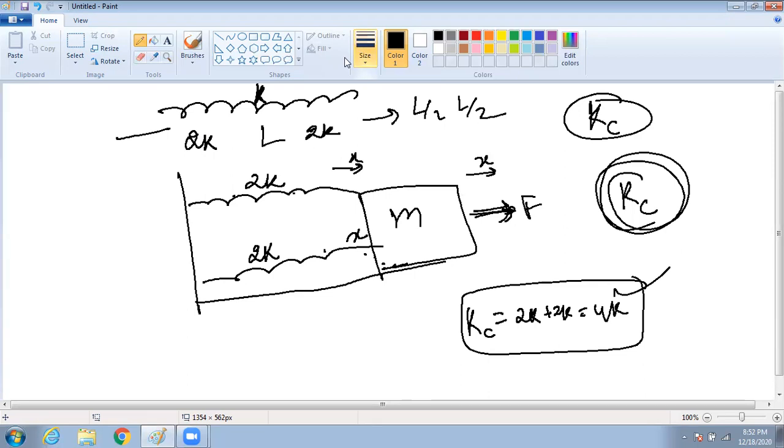You know very well that if you cut the spring into half, the spring constant gets doubled. Now you have 2K, 2K, and it is in parallel combination. Both get added, 2K plus 2K, 4K. That's it. Simple problem.